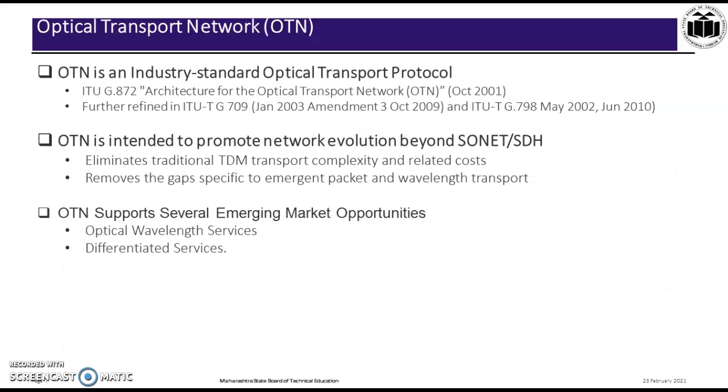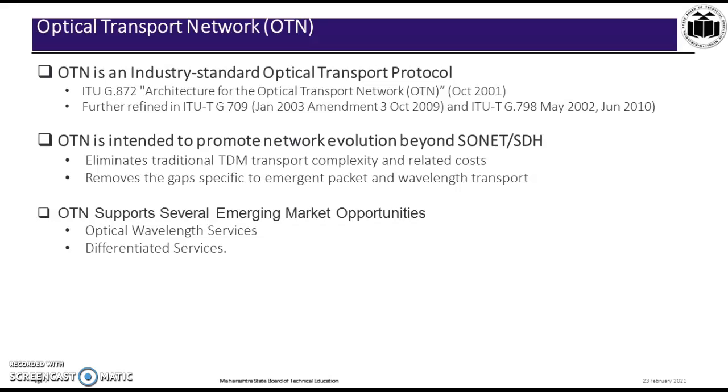Moving to the next, the OTN, that is the optical transport network. It is an industry standard optical transport protocol. ITU G.872 is the architecture for the optical transport network. It is further refined in ITU-T G.709.